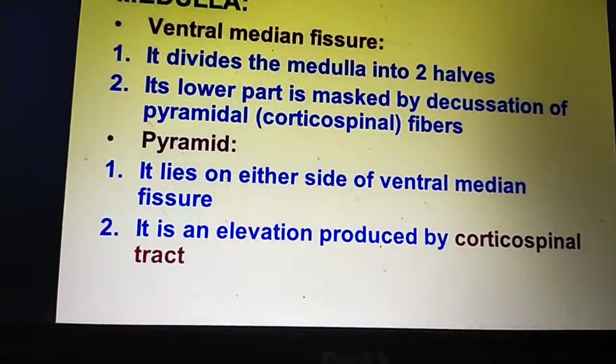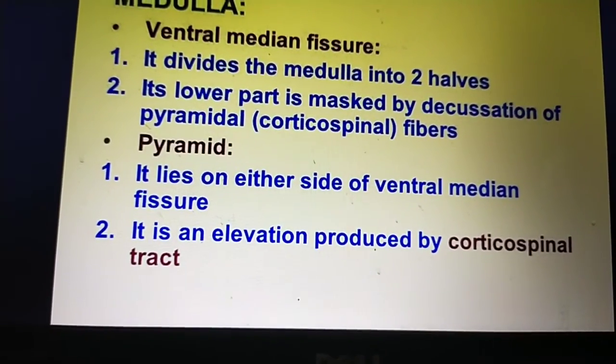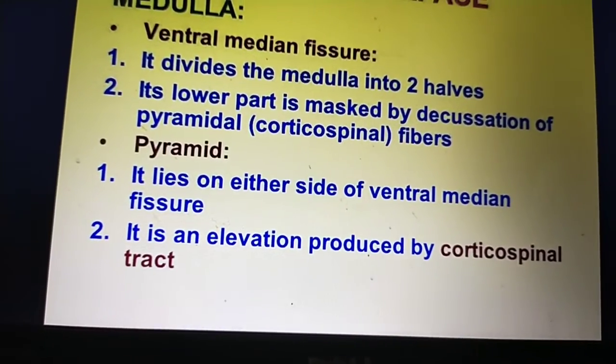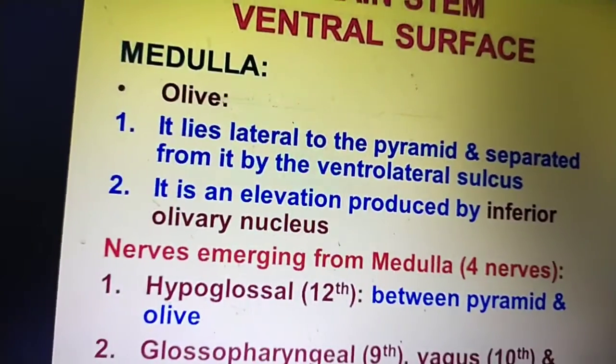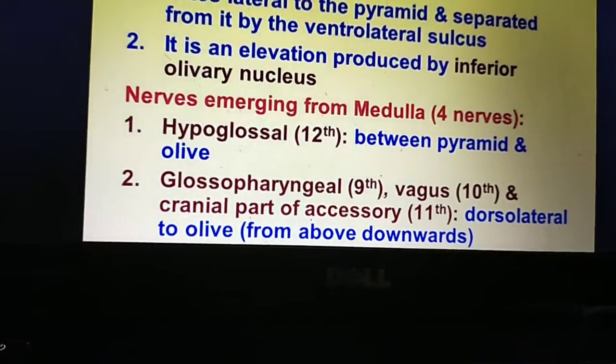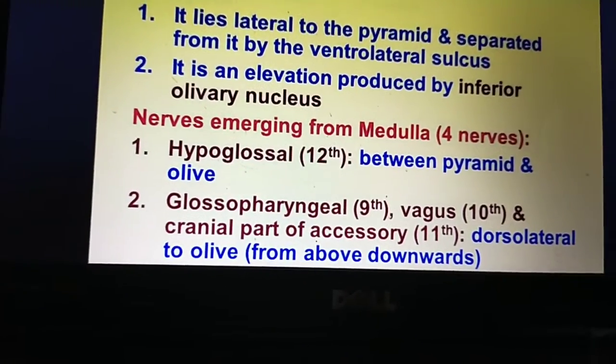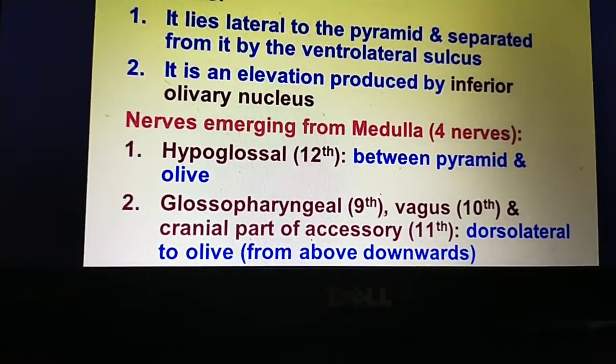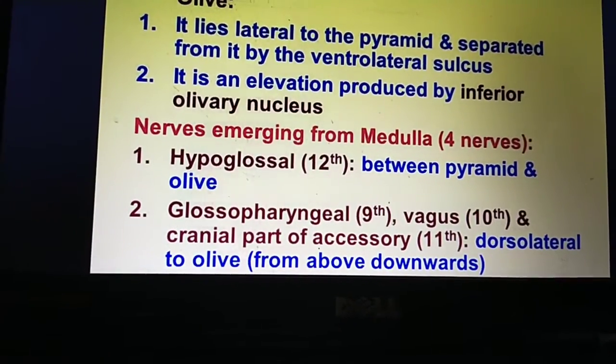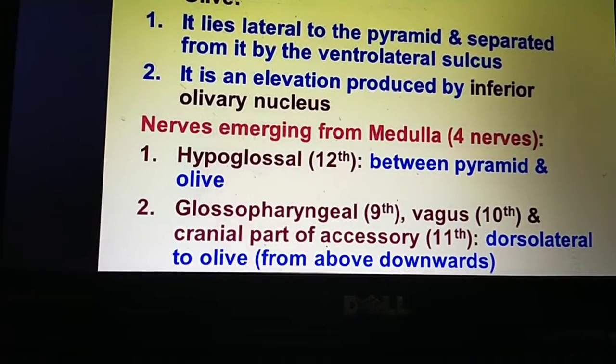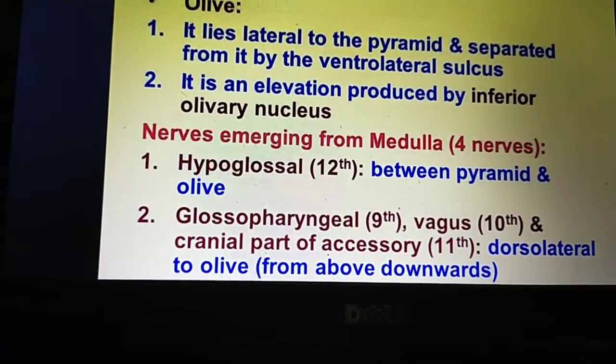I already showed, it is an elevation produced by the corticospinal tracts. Then in the medulla there is the olive. It is just lateral to the pyramids. The olive lies lateral to the pyramids and is separated from them by the ventrolateral sulcus.